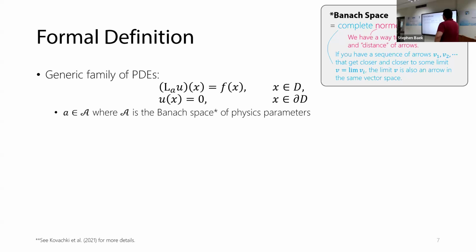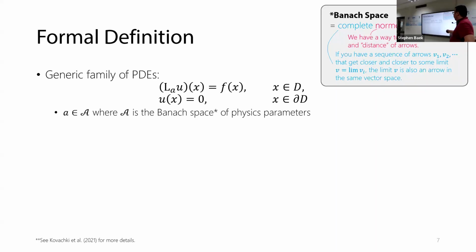Like I said, a in the subscript of the differential operator L is the space of physics parameters. You can consider that as things like the density of a material or the permeability of some porous media, whatever physical parameter that might be.